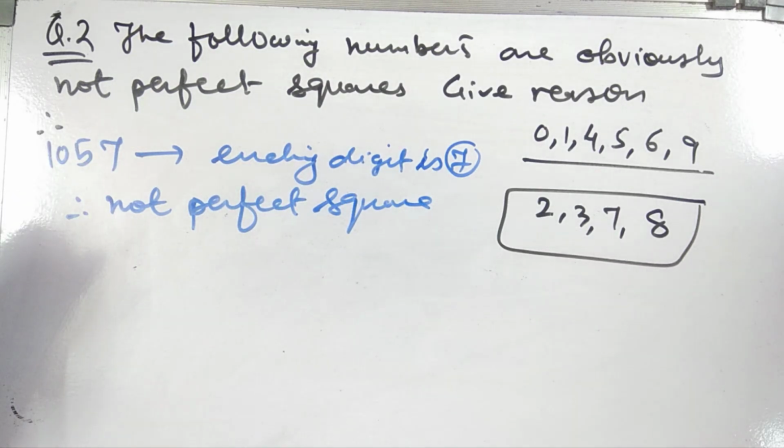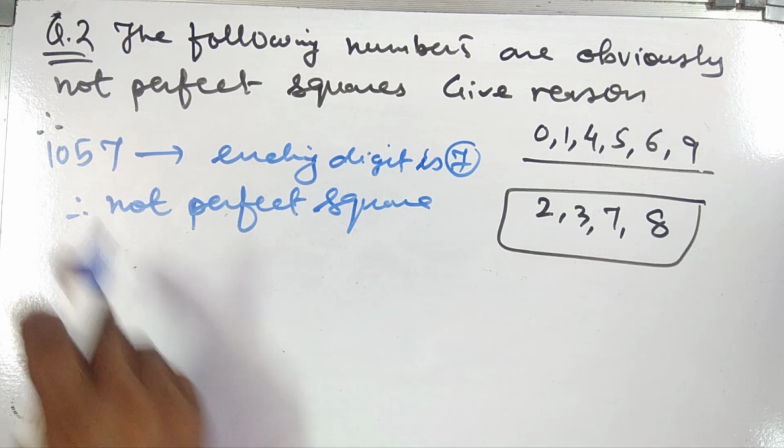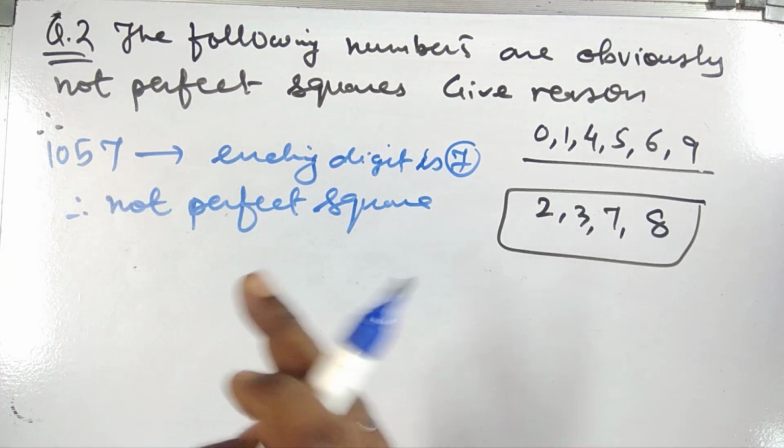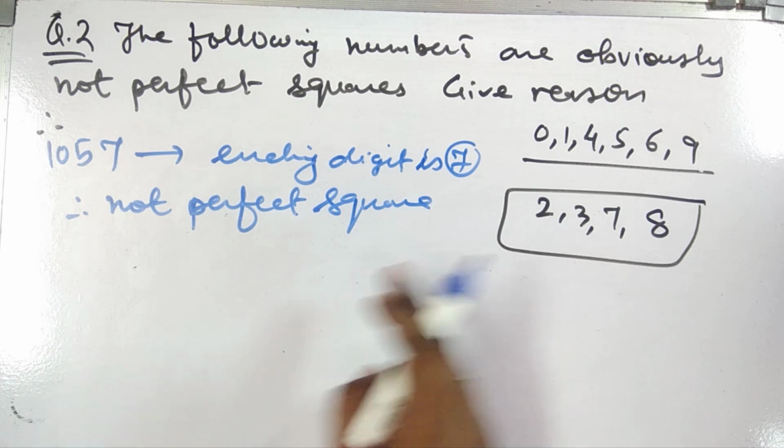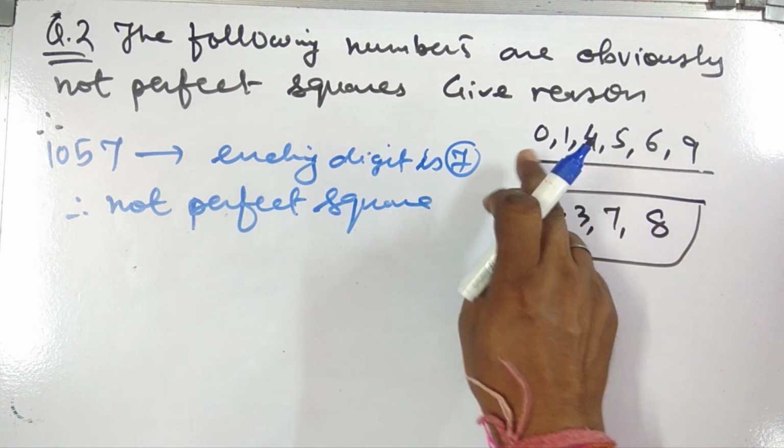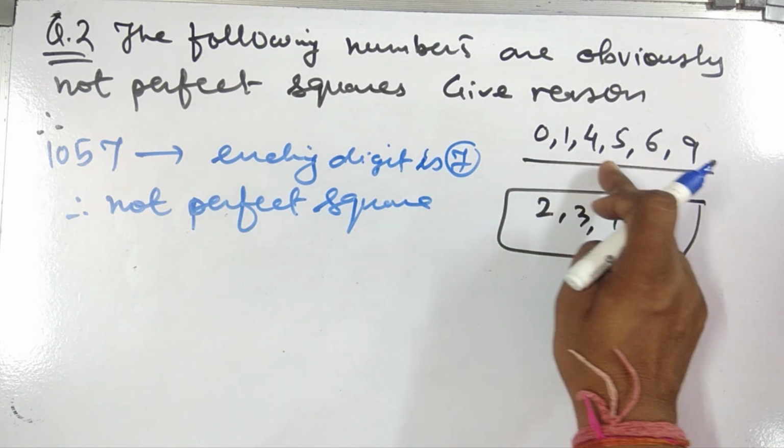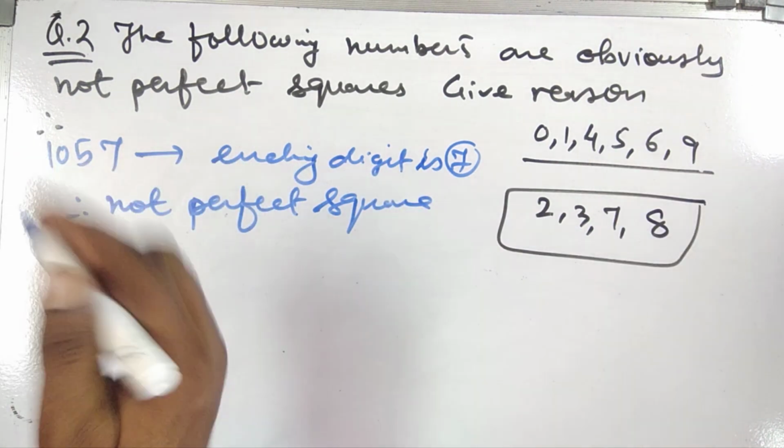Why, students? Because if the ending digit is 2, 3, 7 or 8, the number is not a perfect square. 1057 is not a perfect square because the ending digit does not belong to 0, 1, 4, 5, 6 or 9.